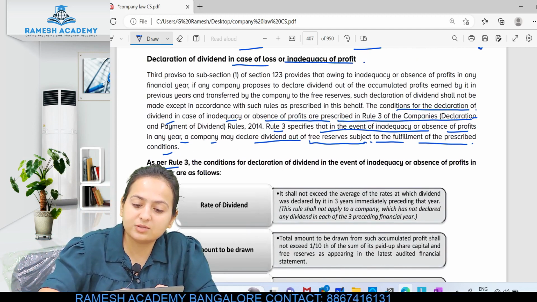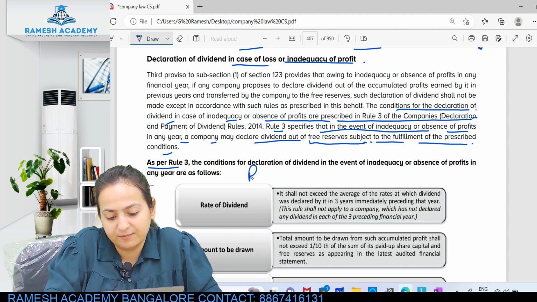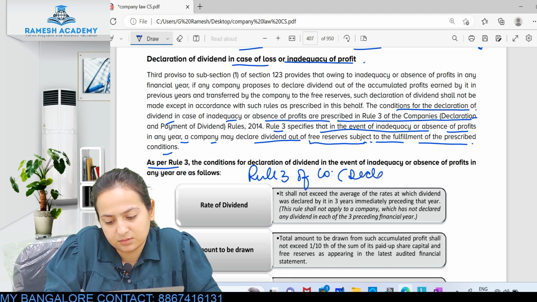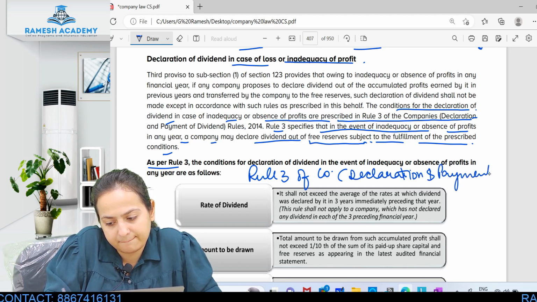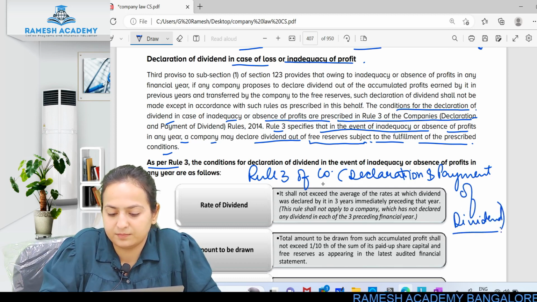Rule 3 is what? Rule 3 of the Companies (Declaration and Payment of Dividend) Rules, right?